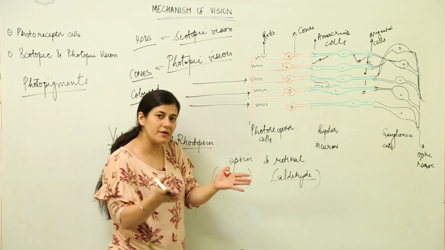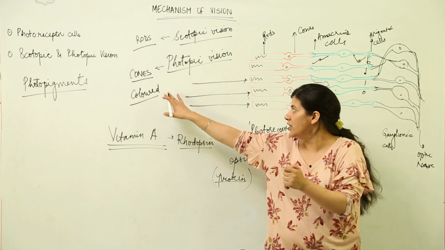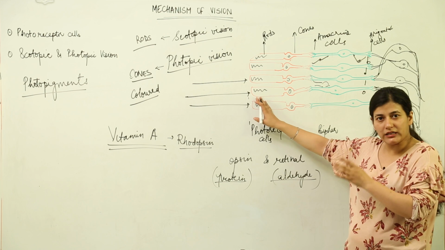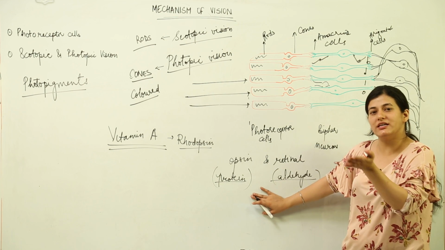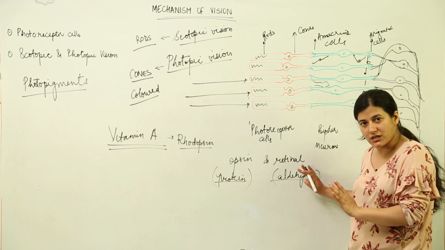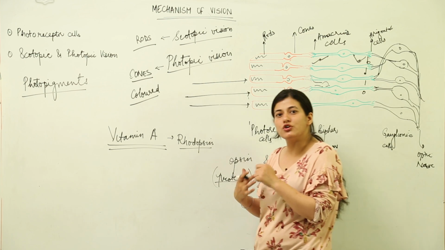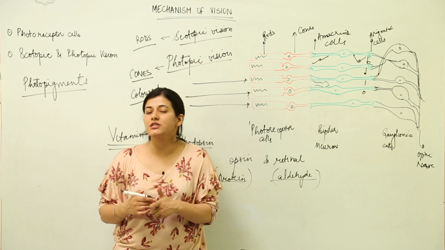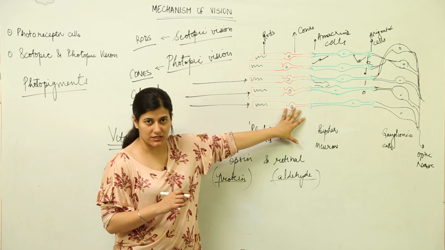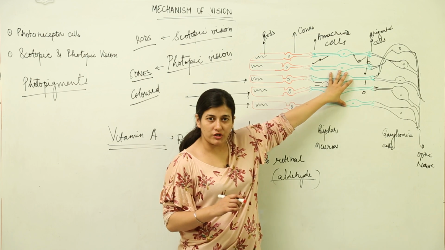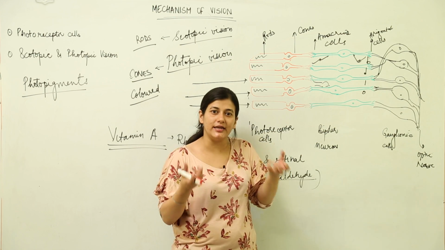The opsin would be dissociated from the retinal by the stimulation caused by the light falling on the retina. As soon as the opsin gets dissociated from the retinal, there is a change in the structure of opsin. When there is a change in the structure of opsin, an impulse is generated and the bipolar neurons are ready to take that impulse.